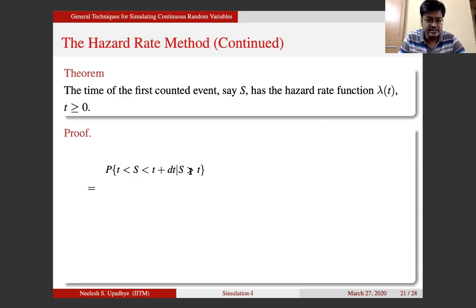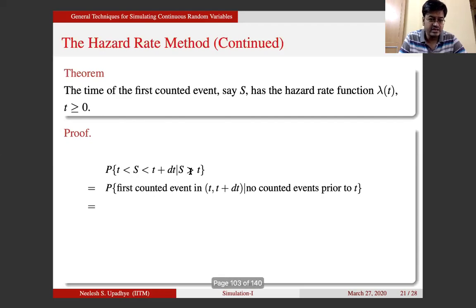I can write this event using the algorithm: this is the first counted event in the interval t to t plus delta t, and there is no counted event prior to t, because s is the time of the first counted event. Okay. In this case, how am I generating it?